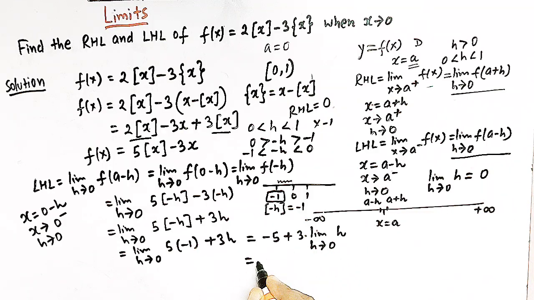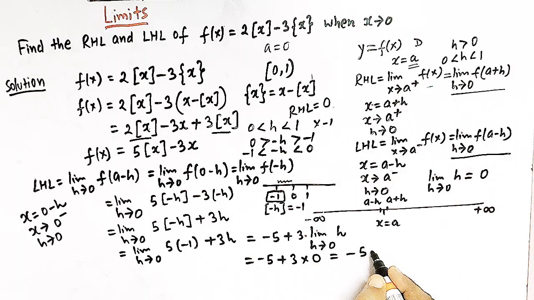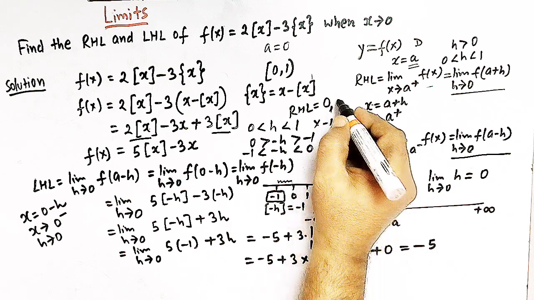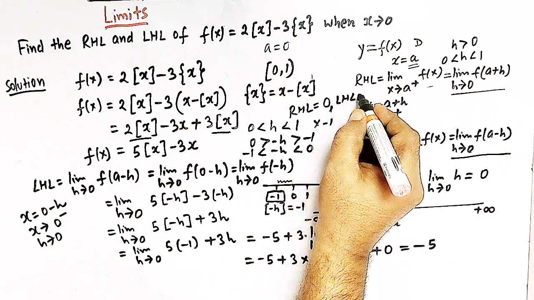So we have -5 plus 3 times 0, that is -5 plus 0, which is equal to -5. So the left hand limit is equal to -5.